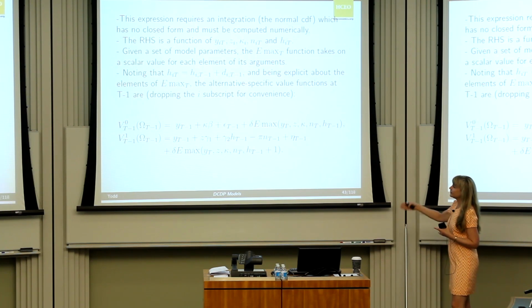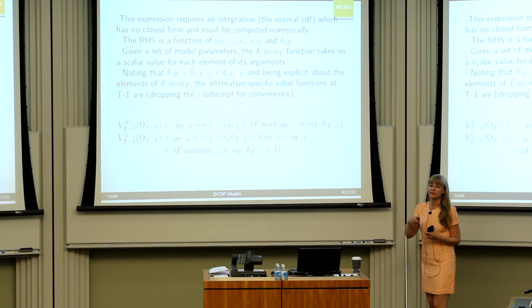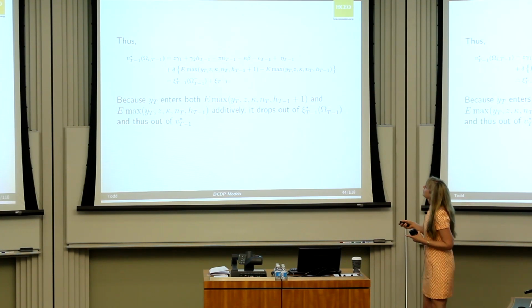These models are solved backwards. Once you have period T minus 1, then we would do the same thing for period T minus 2, T minus 3, and so you get the Emaxes that way. Okay, so this is the latent variable for whether you work in period T minus 1. That's the difference in current period utilities, and then this is the future Emaxes.